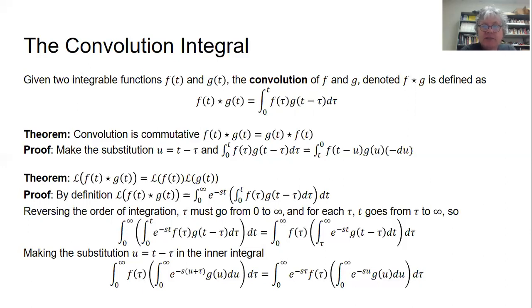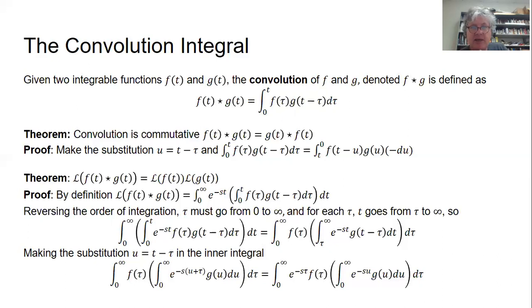And that's quite simple. You just make a substitution, say u equals t minus tau, and then you use the definition of convolution. So when tau is 0, u is t, and when tau is t, u is 0.